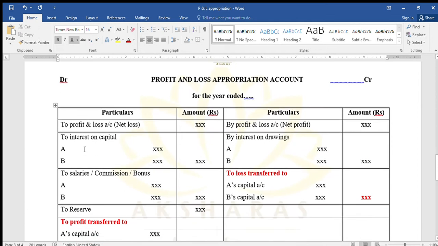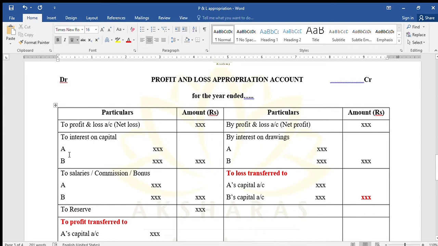Next, interest on capital. The concept here is we are preparing this profit and loss appropriation account from the firm's point of view. So see, the partners, they are investing capital into the firm, and the firm in return is giving an interest for the capital that has been invested. So each partner will get an interest on the capital.